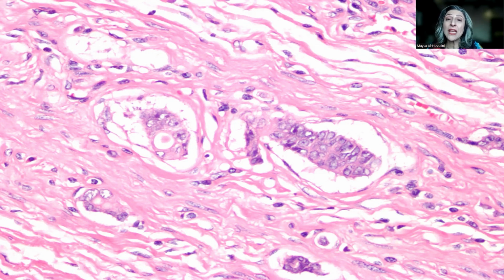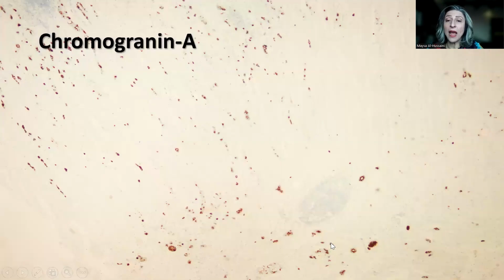If we're not sure, we can do vascular markers like CD31, CD34, or even D2-40 or podoplanin in order to prove whether these are lymphatics or not. But this is a common phenomenon with the neuroendocrine tumors in general, including the pancreas, the retraction of the tissue because of the amount of fibrosis that is elicited by the tumor actually.